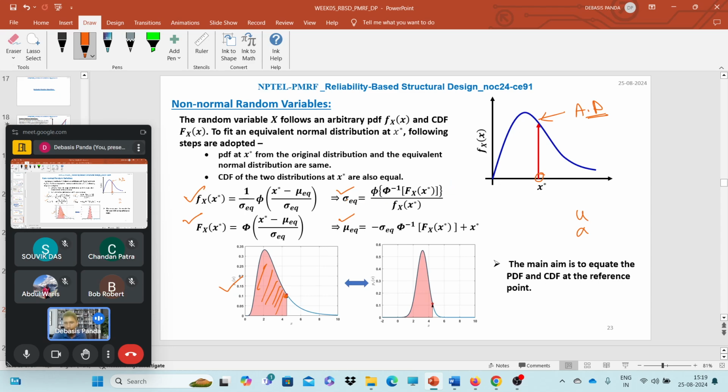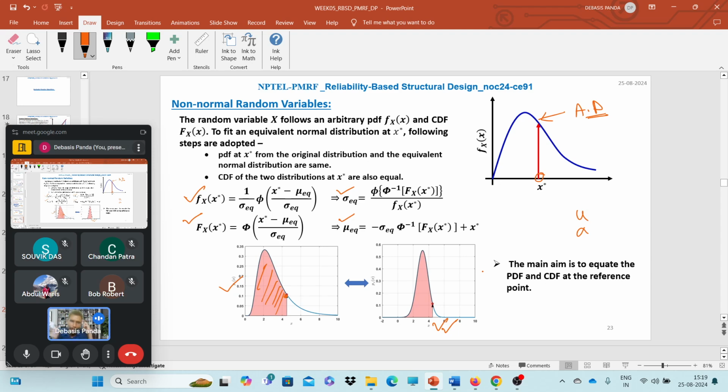Once we have sigma equivalent and mu equivalent, and plot the distribution with those two parameters, we get our equivalent normal distribution. So basically equivalent normalization deals with finding the equivalent normal parameters based on the provided, unknown or arbitrary distribution.